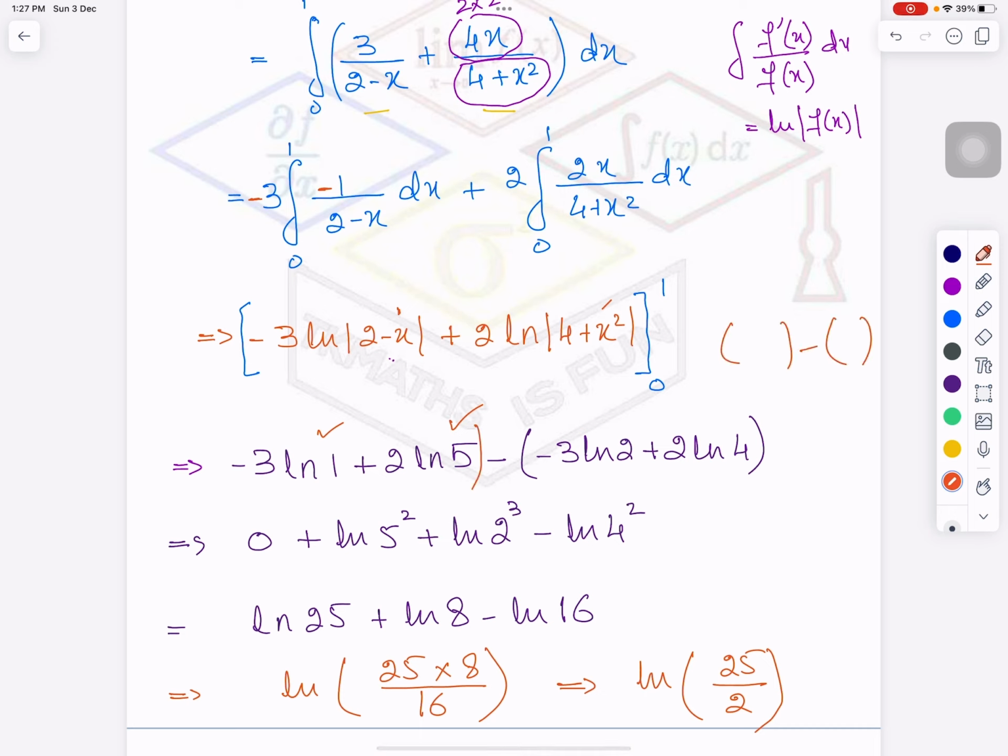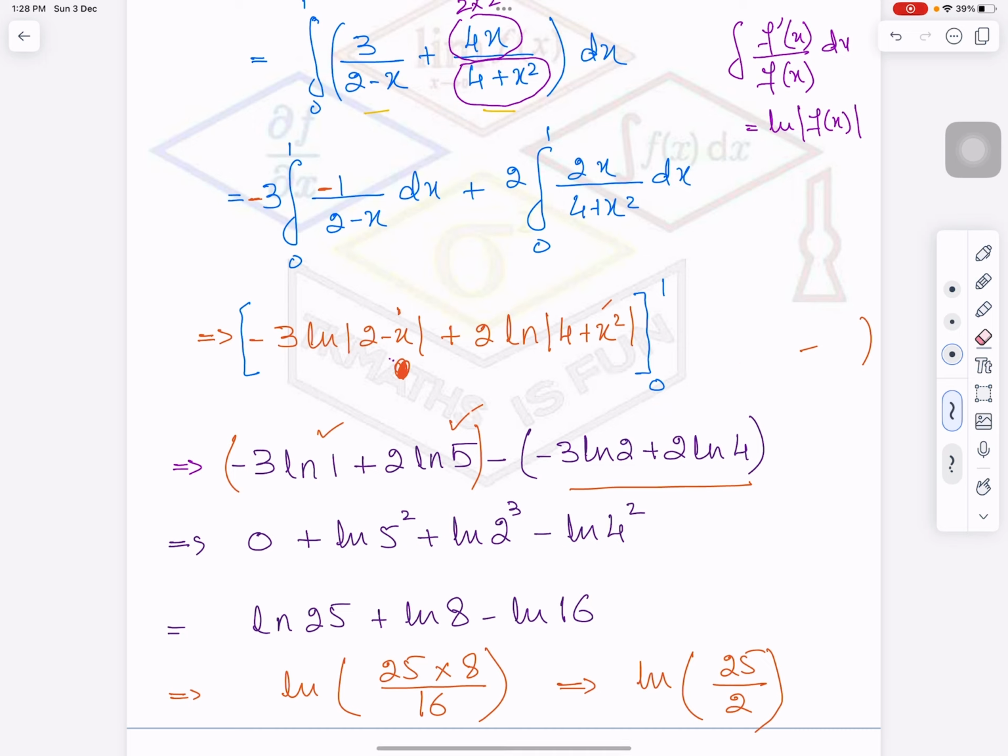This is my upper limit value, now minus, and these are my lower limit. So I substituted 0 here and here. When I substituted 0 here, it is ln 2. When I substituted 0 here, it is ln 4. This is how I got this line.